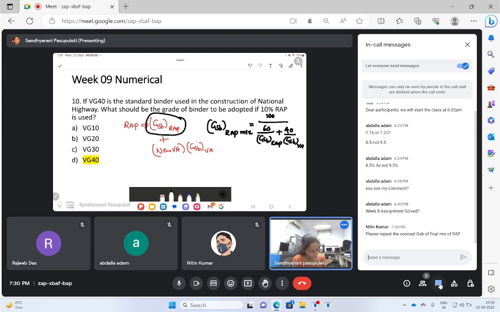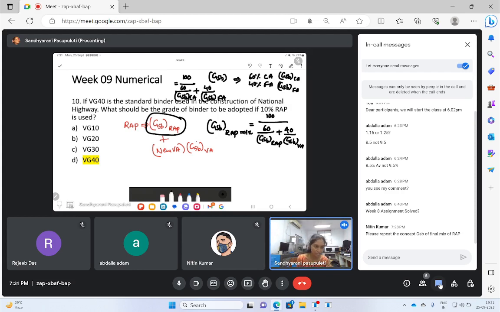GSB of virgin aggregate. This concept is exactly like when we do the GSB of virgin aggregates. If 60% is coarse aggregate and 40% is fine aggregate, with specific gravities GSB of CA and GSB of FA, then how do we do it? Total 100 divided by 60 divided by GSB of coarse aggregate plus 40 divided by GSB of fine aggregate.